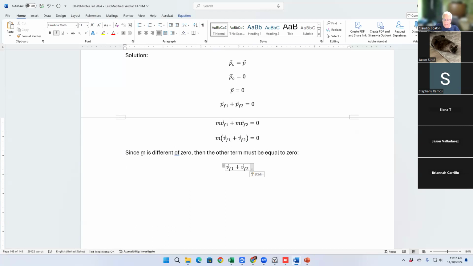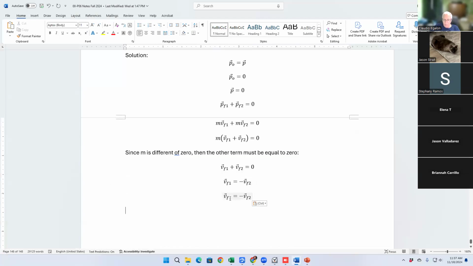And let's not forget this is still a vector, right? And then what do we get? We find that their speeds are going to be the same, like V final of 1 is minus V final of 2. The speeds will be the same, but the directions will be opposite. It's going to be like that.